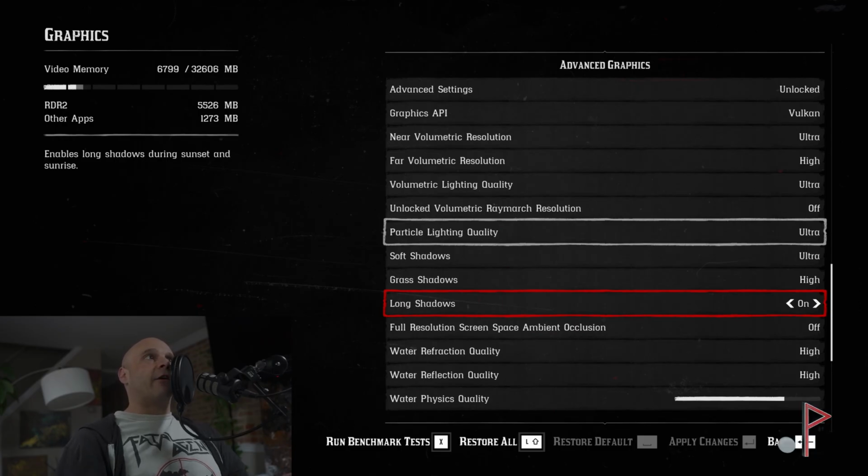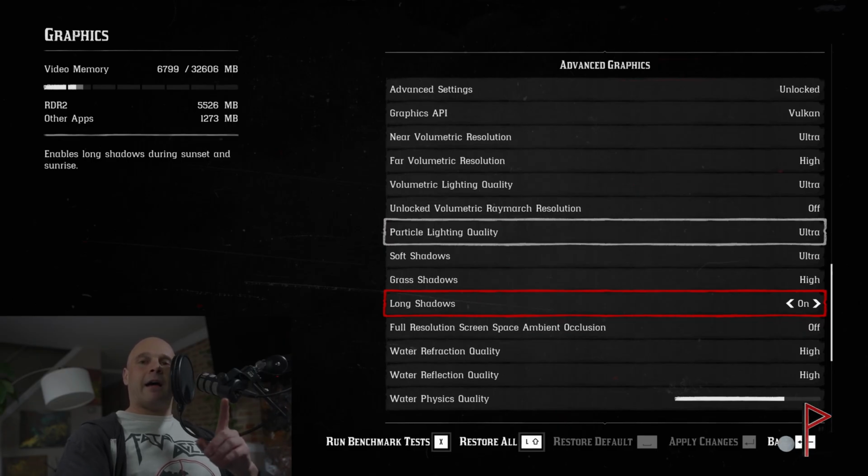And it's near and far. So the near volumetric resolution, you're going to notice this stuff when it's near. But since it's fog and stuff like little rays of light, you don't notice it so much at a distance, so the far volumetric resolution isn't set as high.